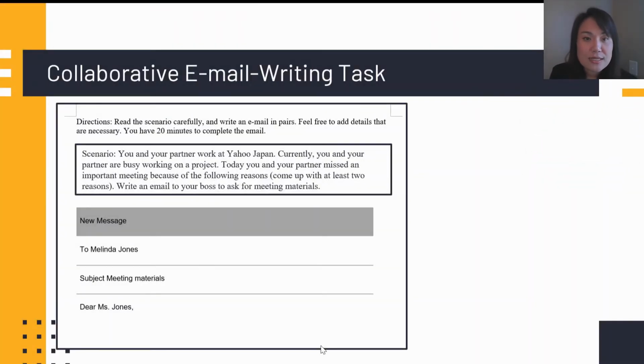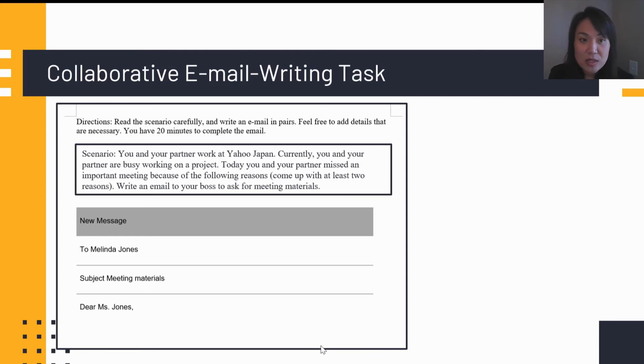So the first example is an email writing task that we designed for this group of students. They were interested in finding a job at a big company where probably English speaking or English writing is required. And email writing is a very basic required task in any workforce. So in this scenario, you and your partner work at Yahoo Japan. Currently, you and your partner are busy working on a project.